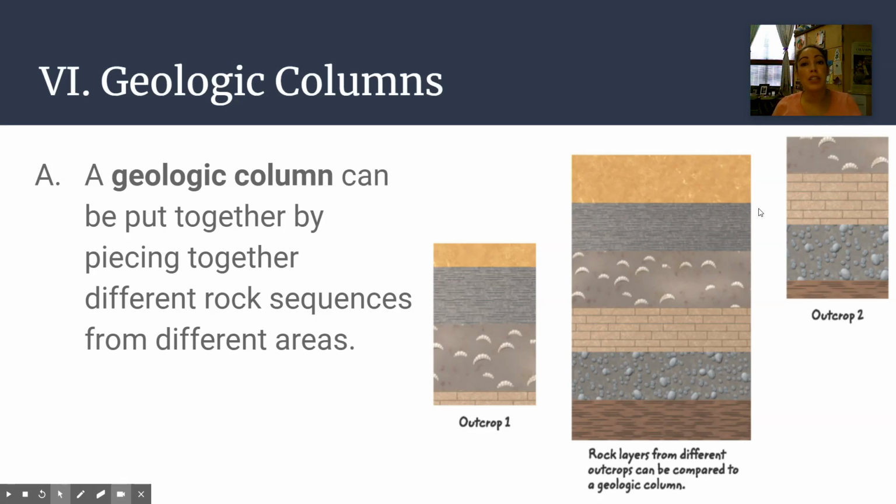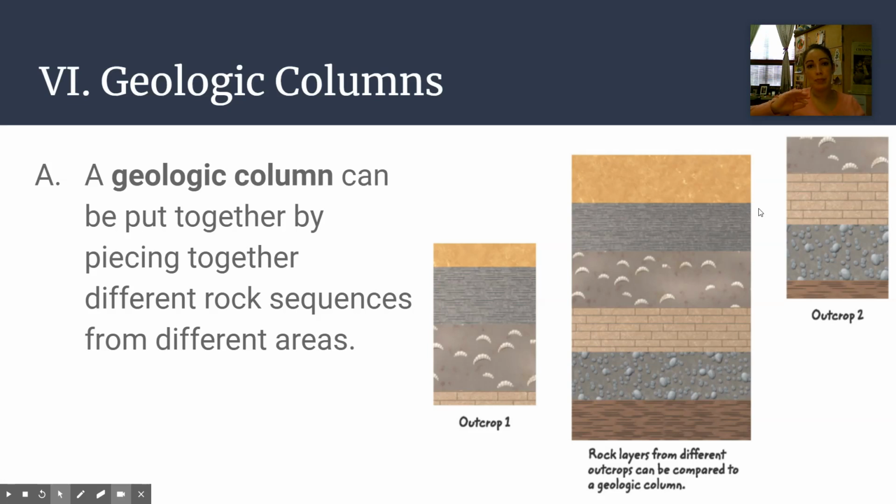This is what we call a geologic column. Geologic columns are like that perfect world example: if I were to have all the information with all of the rock layers in all the correct order, this is the order that they would have formed in.